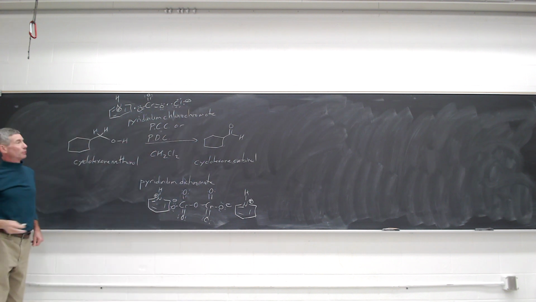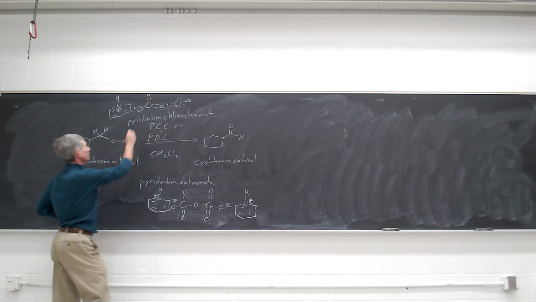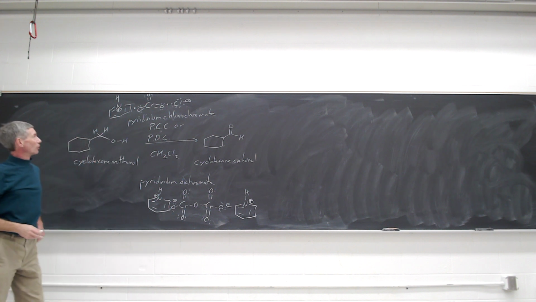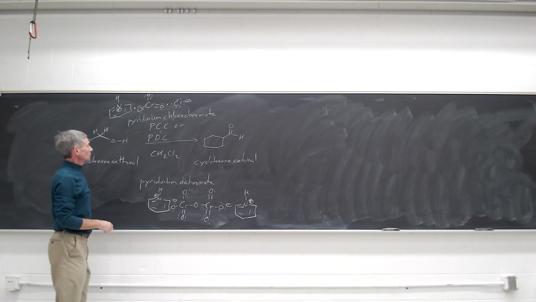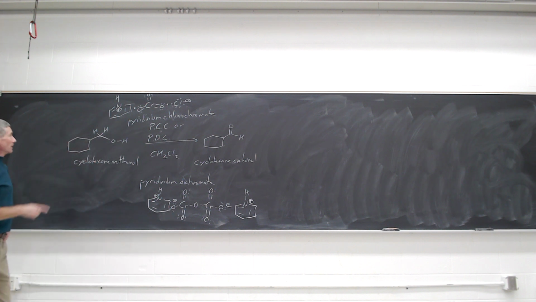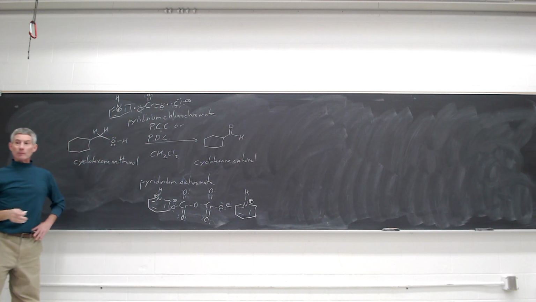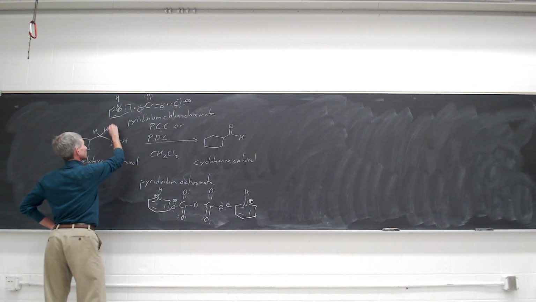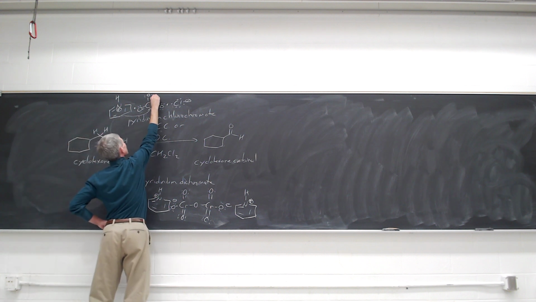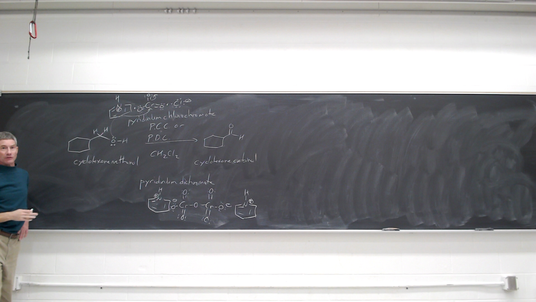So the important piece of the reagent in this case is this CrO3, the chromic anhydride. And that is a heavily positively polarized chromium that's subject to attack by the oxygen of the alcohol.